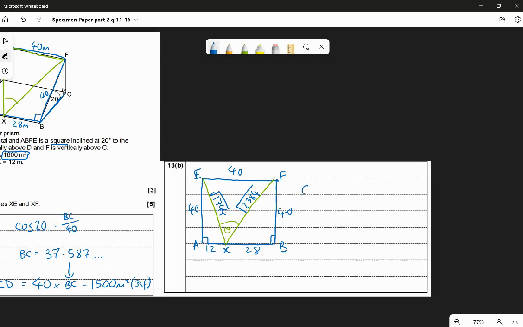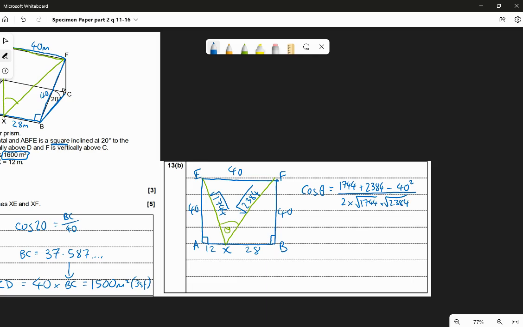So cos theta equals b squared plus c squared minus a squared, so that's root of 1744 squared, which is 1744, plus root of 2384 squared, which is just 2384, minus 40 squared, over 2 times b times c, so that's 2 times root of 1744 times root of 2384.